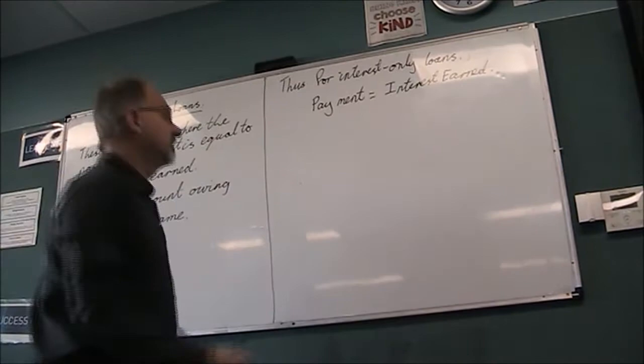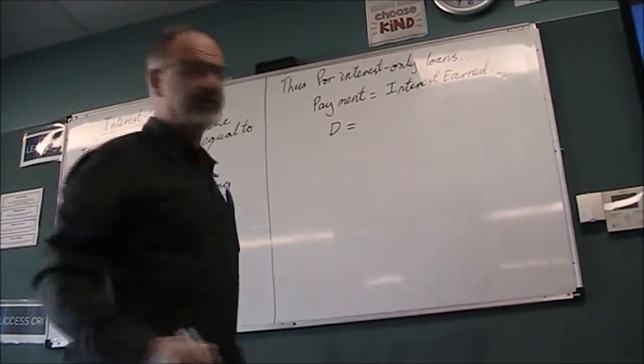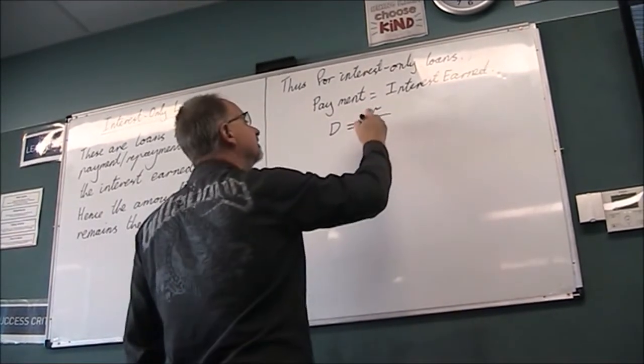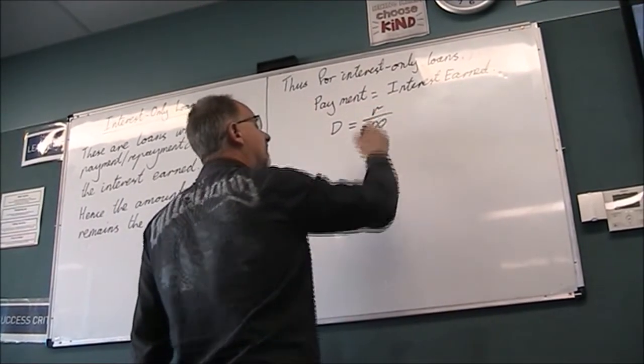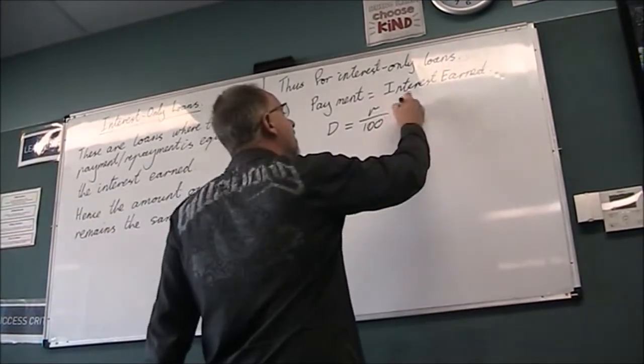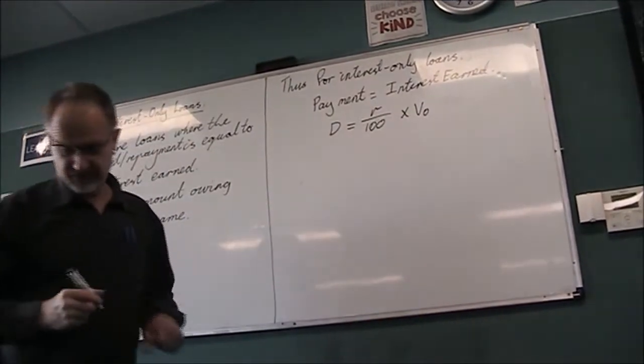So your payment, we're using the letter D for our payment, will be our interest earned, which depends on our rate of interest, turned into a decimal by dividing by 100, times our principal.